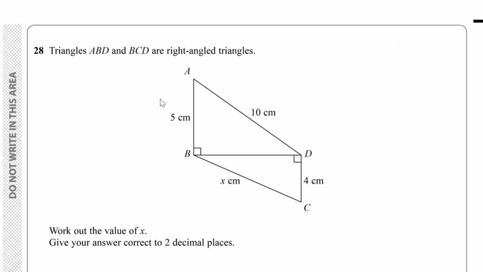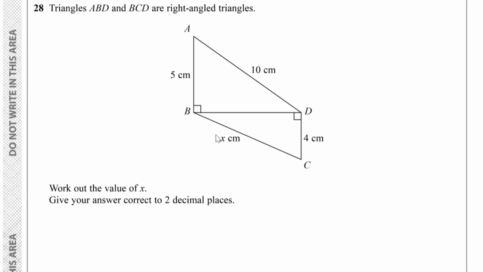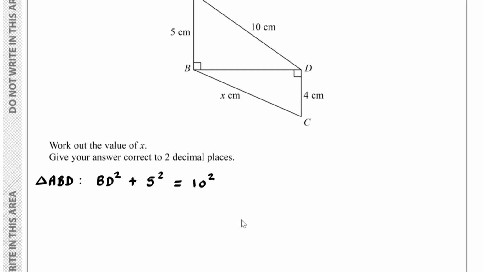Question number 28. Triangles ABD and BCD are right-angled triangles. What we have to do is work out the value of x. Well, let's focus on the triangle ABD. If we use Pythagoras, then we have BD squared plus 5 squared equals 10 squared.